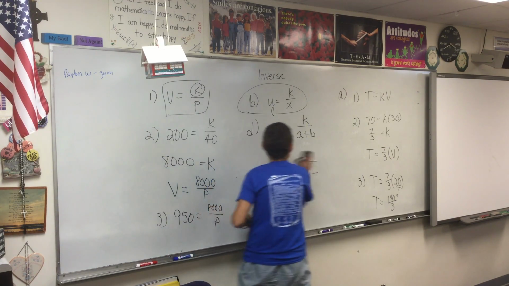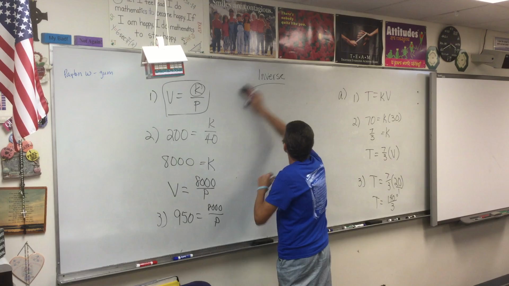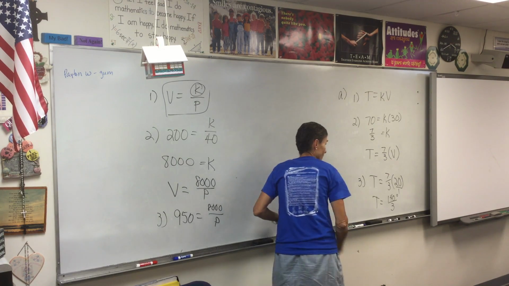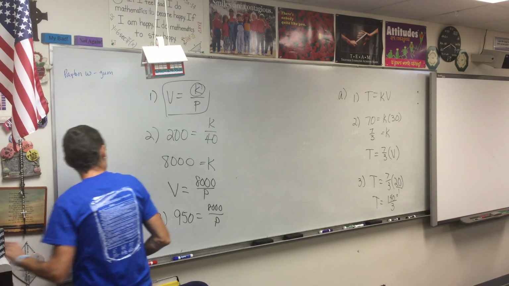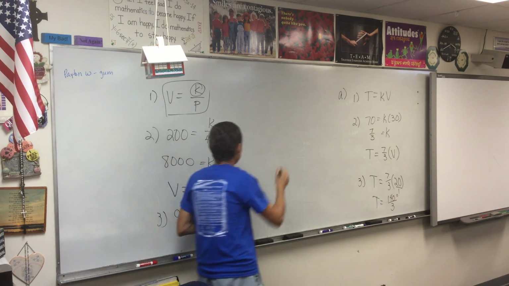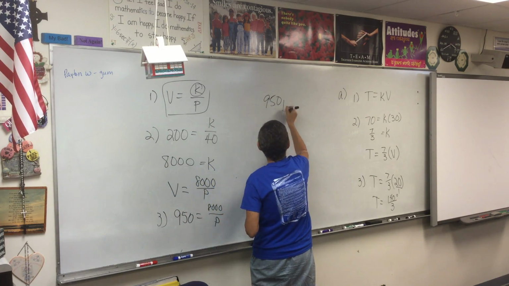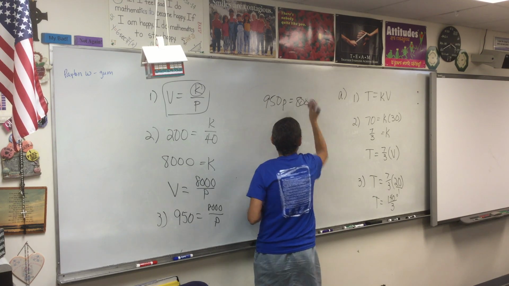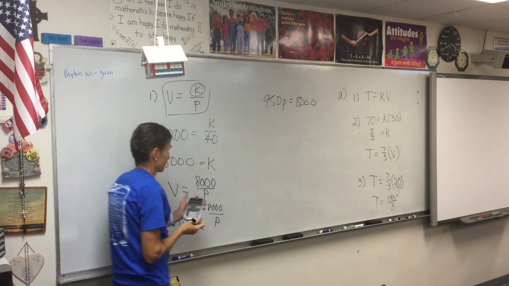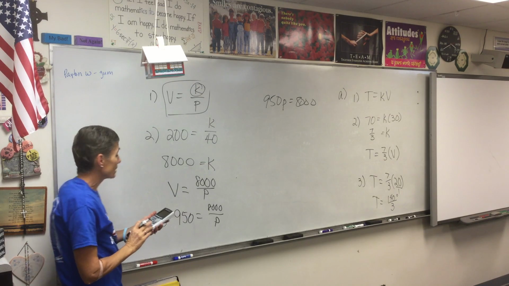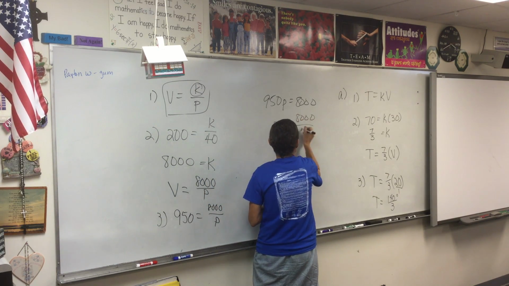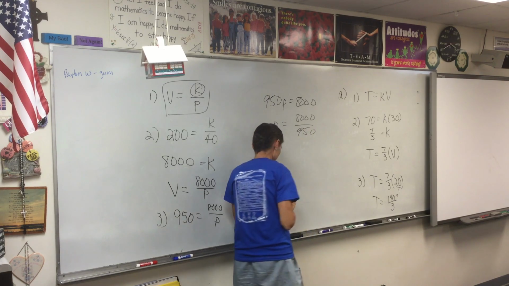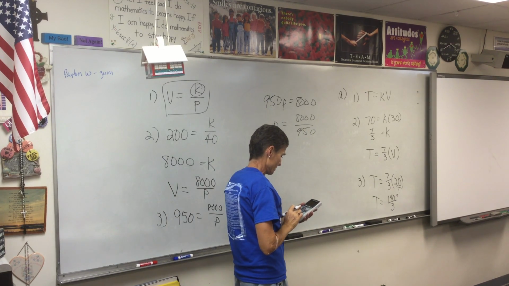What are we going to do? Come on, first year algebra, you can do it. Multiply by P, so we have 950P equals 8,000. Divide by 950, so we have 8,000 over 950, which I'm sure reduces to something.